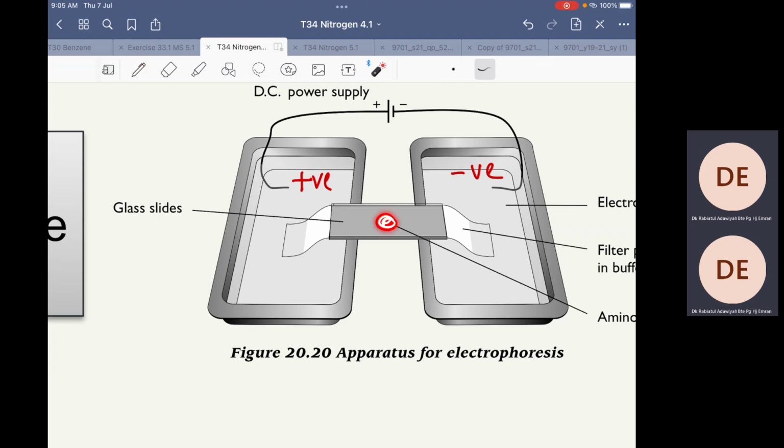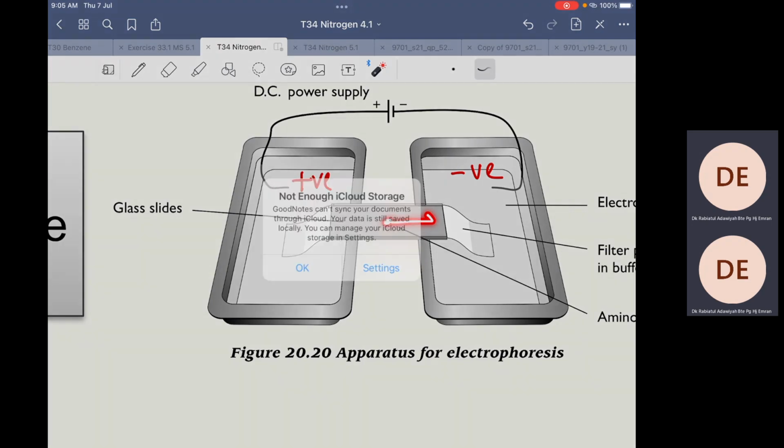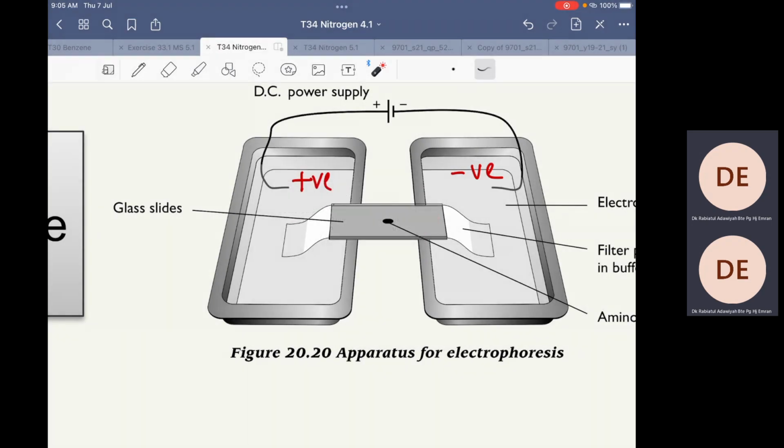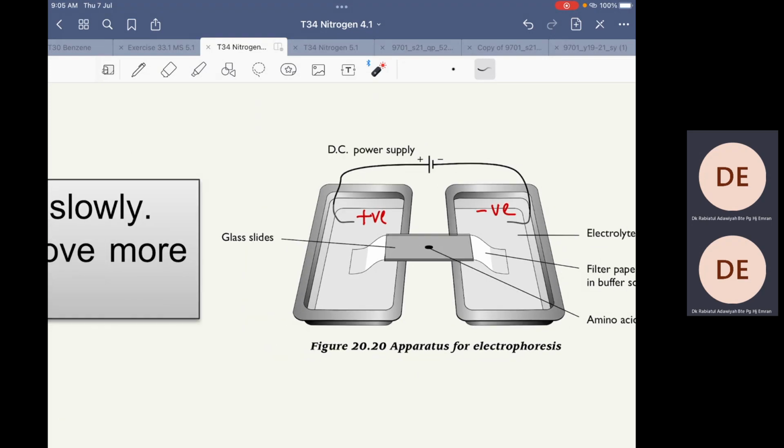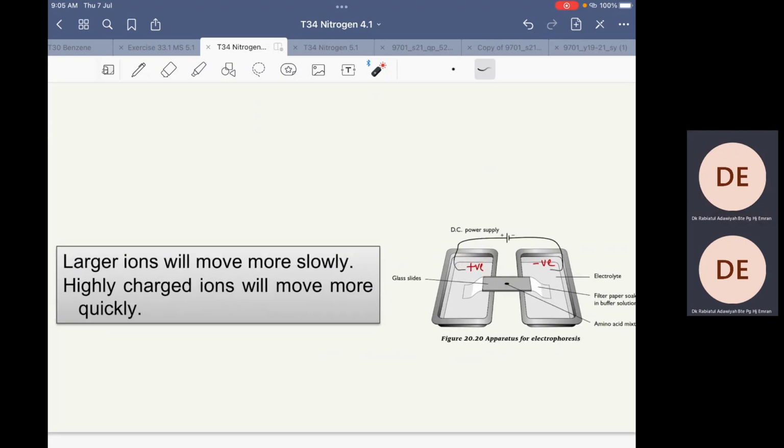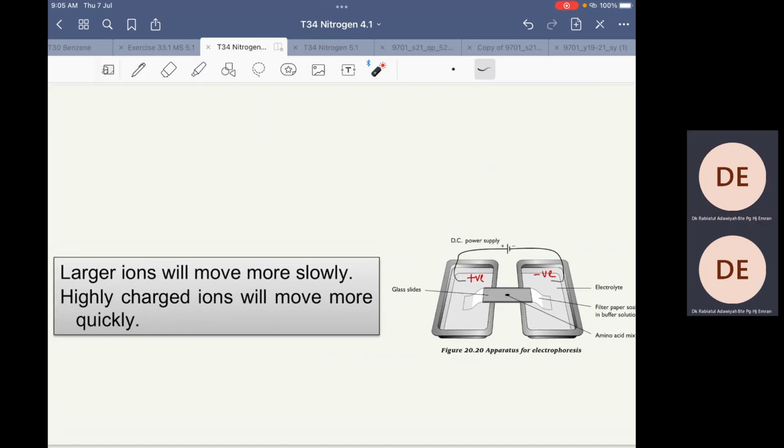Anything that is negatively charged will go in the left direction, and your positively charged ions will go in the right direction. Again, it depends on the size of the charge and also the mass of the molecule. The heavier they are, the slower they move. So those are the two factors that you need to remember: size or mass, and the charge.